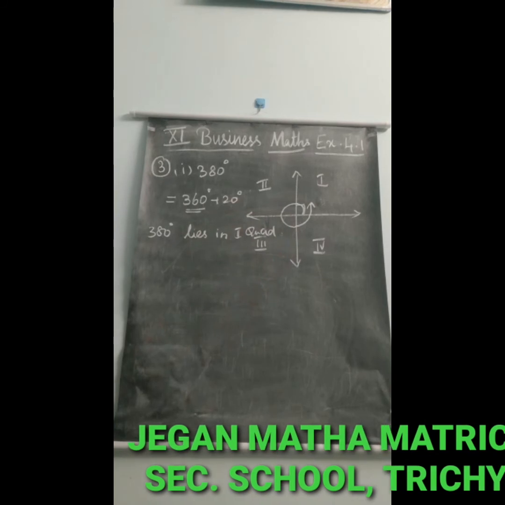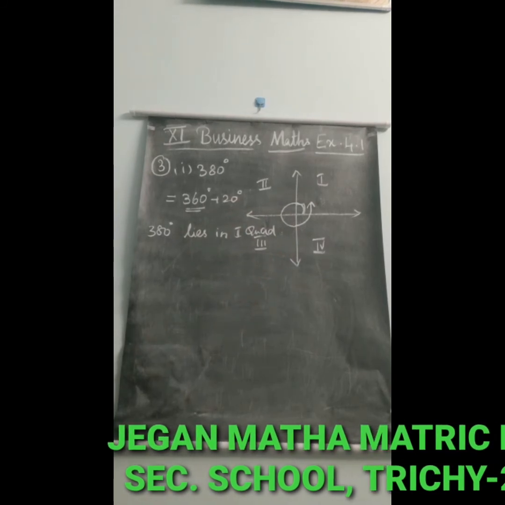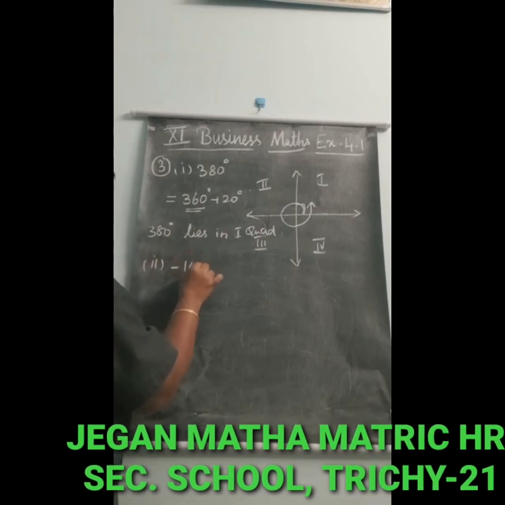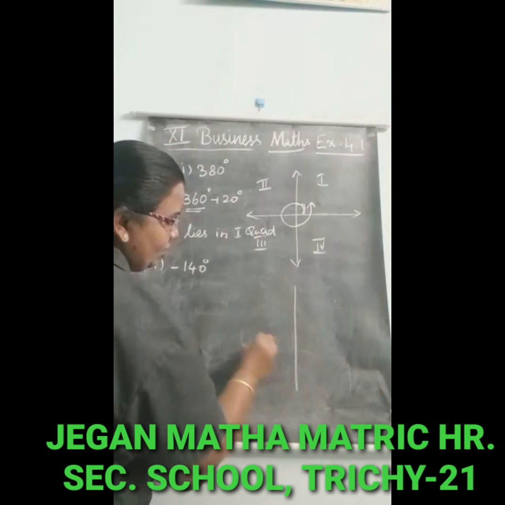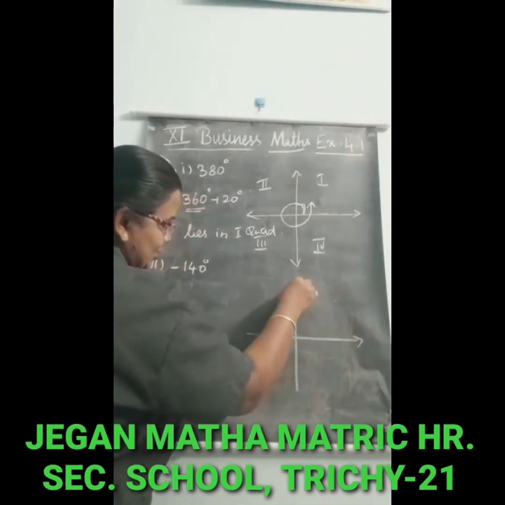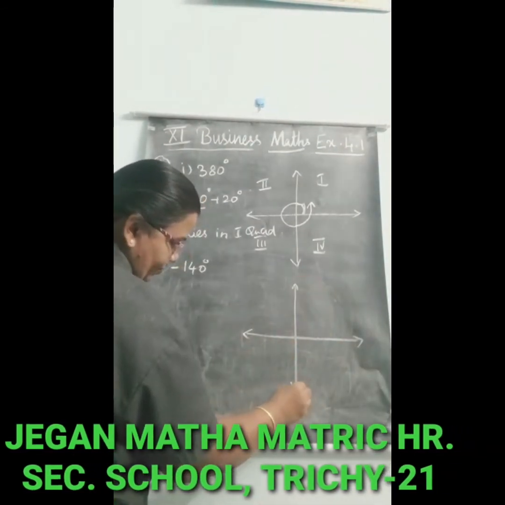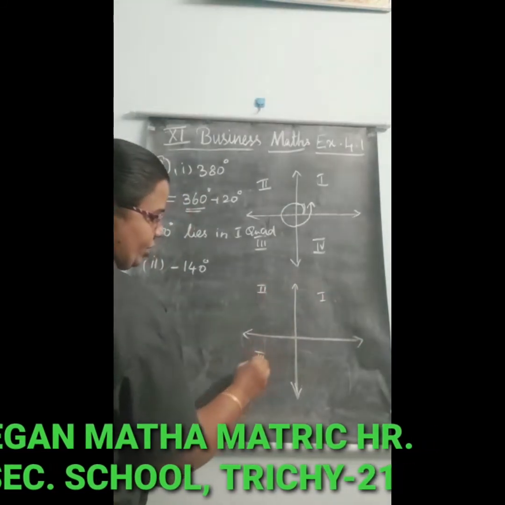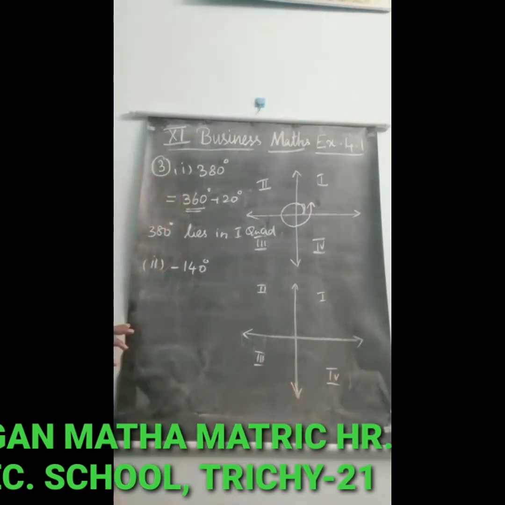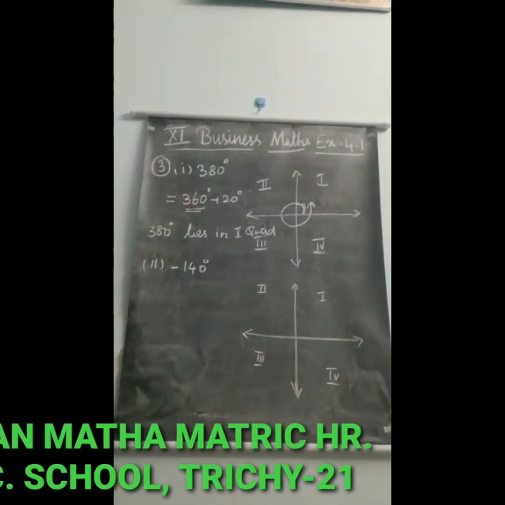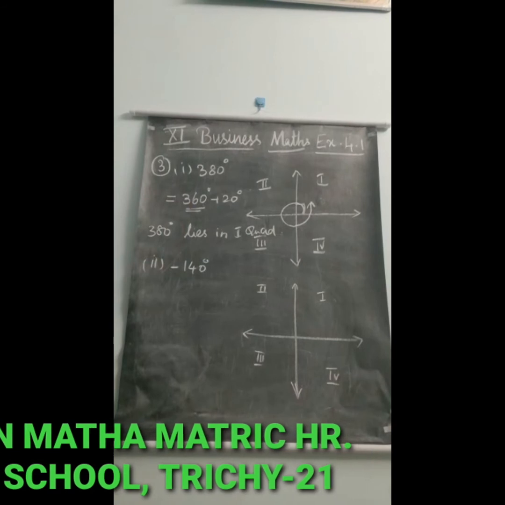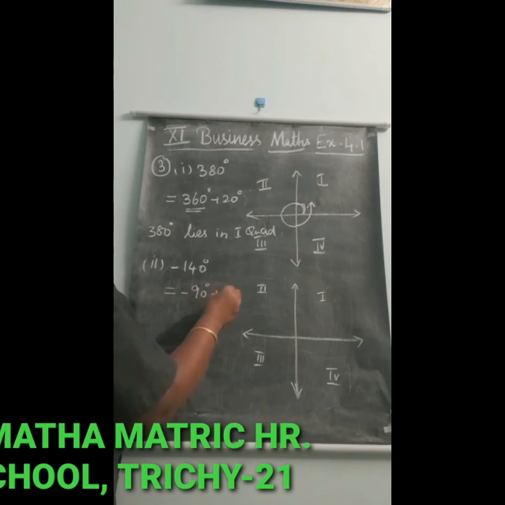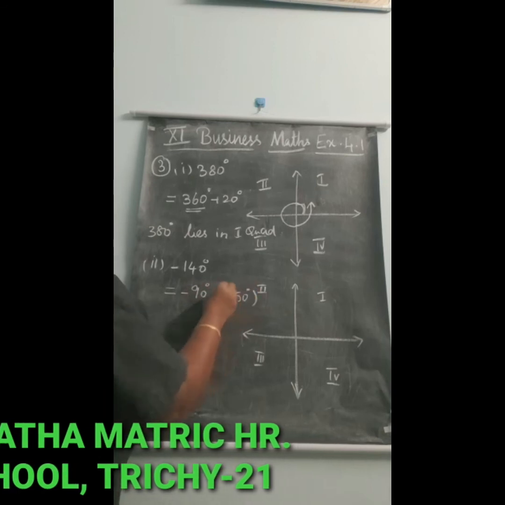Next, the second one is minus 140 degree. First draw the axes, with the first quadrant, second quadrant, third quadrant and fourth quadrant. Minus 140 should be changed into minus 90 degree plus minus 50 degree.